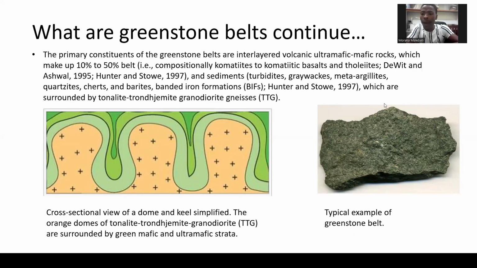And these rocks were metamorphosed to a low grade, and we understand the metamorphic facies, that the low grade metamorphic facies, especially in regional metamorphism, include the greenschist and amphibolite facies and many others. But in this case, we're talking about the greenschist and amphibolite facies.